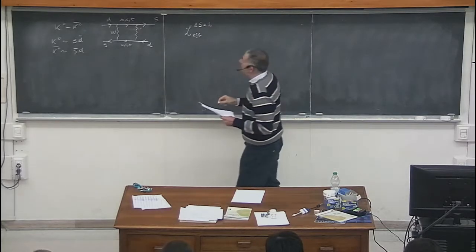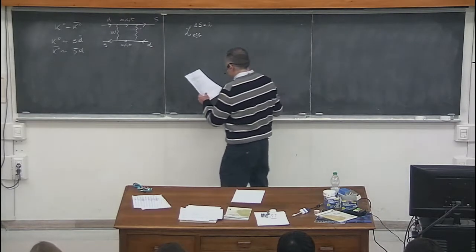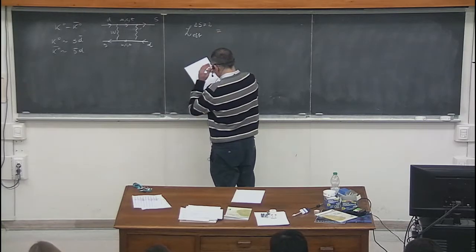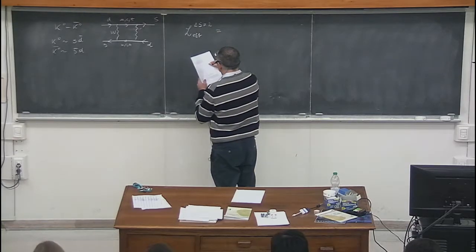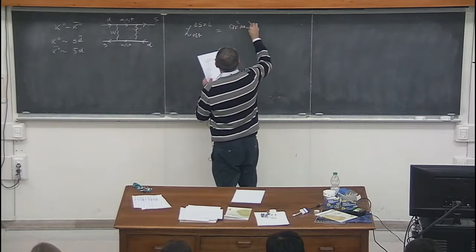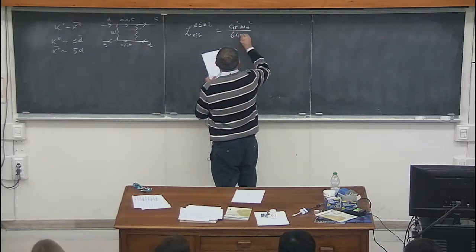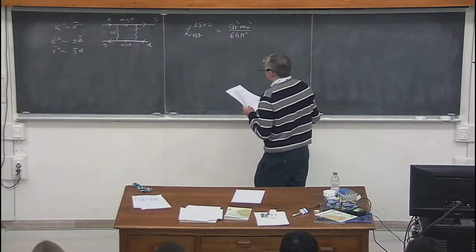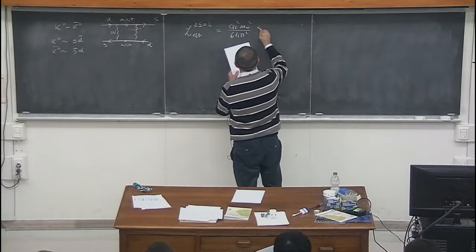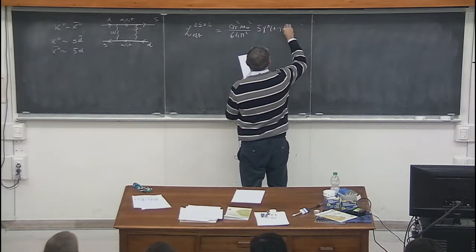There is a constant, I copy it from my notes, I hope it is correct: G Fermi squared, M_W squared, divided by 64 pi squared. Then you have a product of flavor changing neutral currents, s bar gamma^mu (1 minus gamma_5) d, s bar gamma_mu (1 minus gamma_5) d.